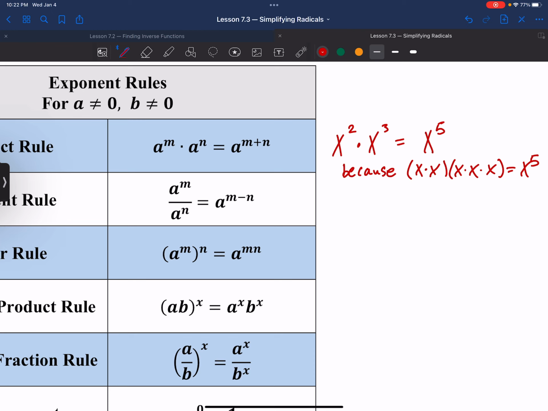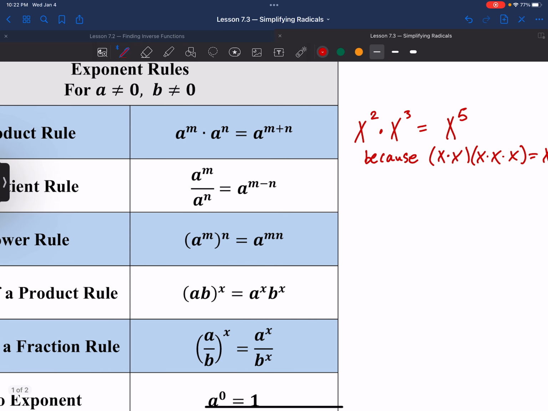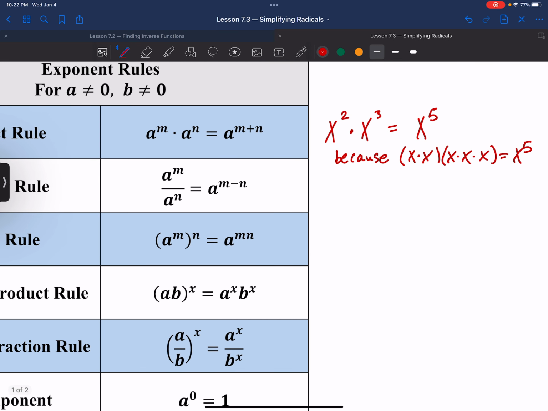Similarly, the quotient rule, which is this one right beneath, is the idea that if I divide these 2 bases, then I will subtract their exponents. So suppose I have x to the power of 4 over x to the power of 2. Then this is x times x times x times x, 4 x's, and down here is 2 x's.